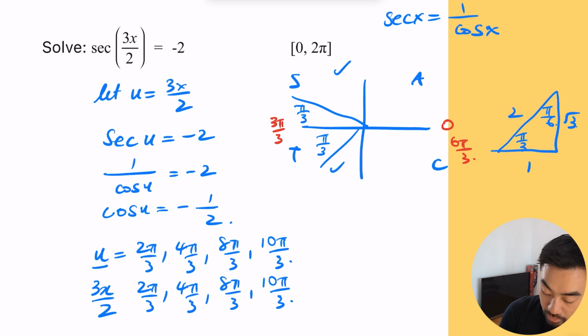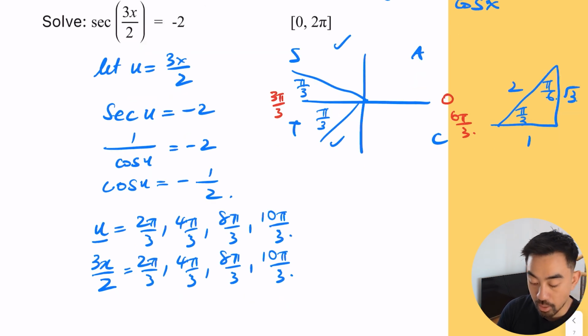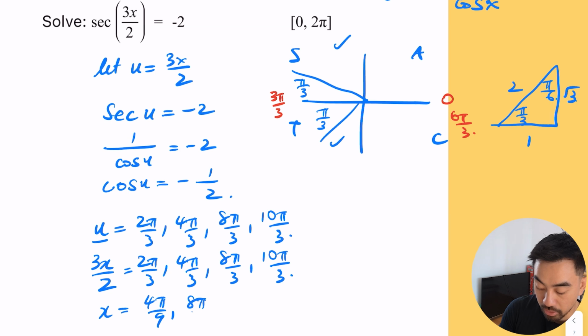And now we just solve like a normal equation. So we're going to times the top by 2 and then times the bottom by 3. So here we go. 4 pi on 9, 8 pi on 9, 14 pi on 9, and 20 pi on 9.